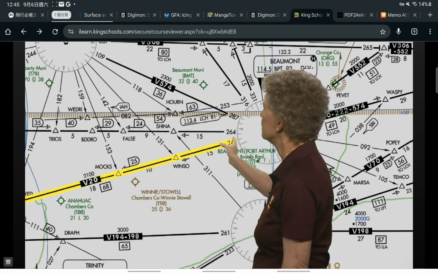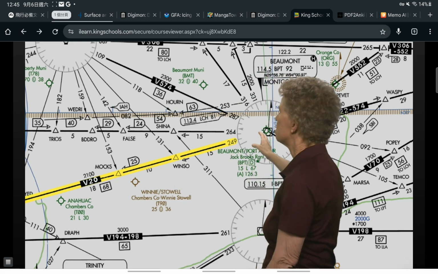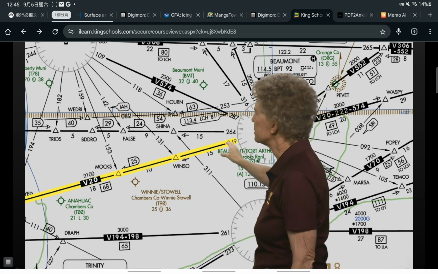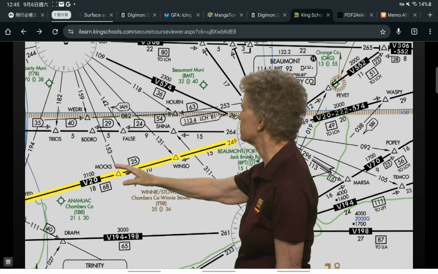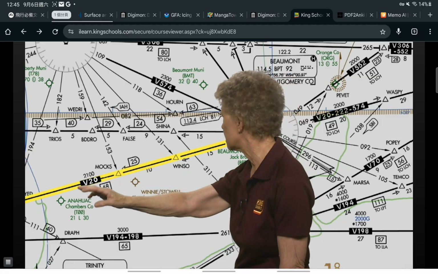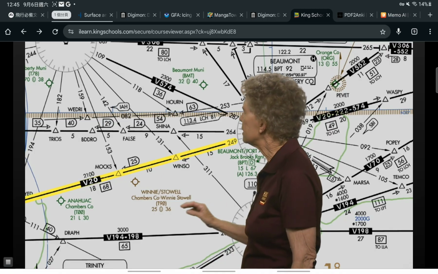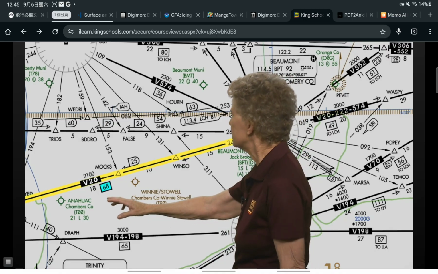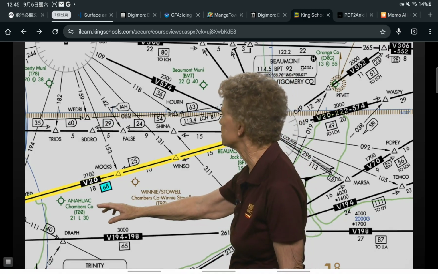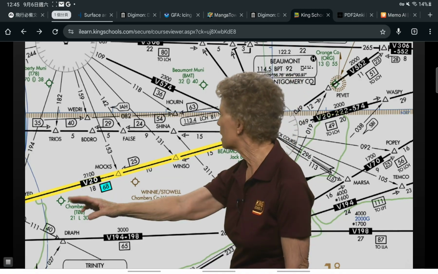And take a look here at Victor 20 off of the Beaumont VORTAC. It goes to the southwest down to Hobby VORTAC, which is off the page of this chart excerpt from the low altitude chart. And right here along the airway is the box that has the total distance between Beaumont and Hobby.